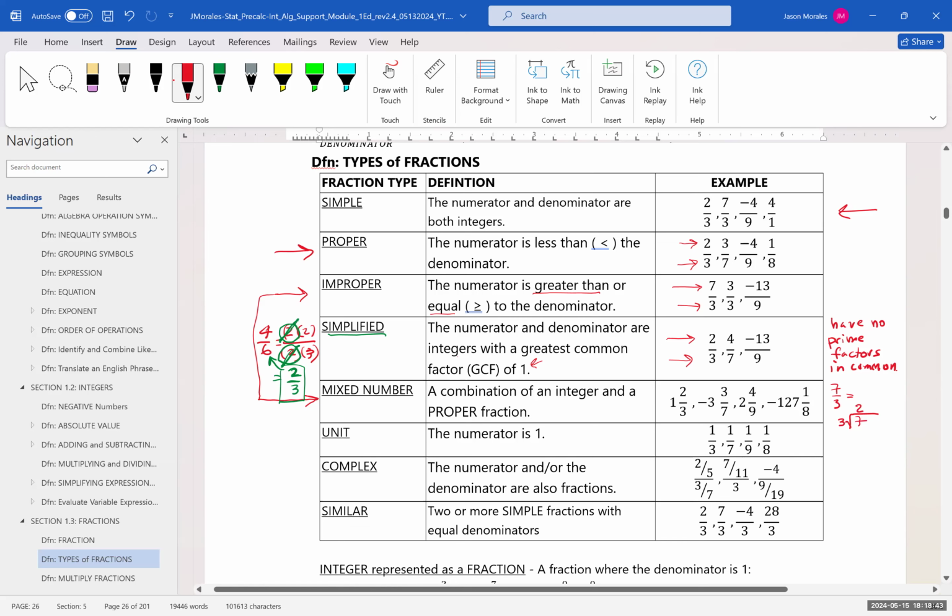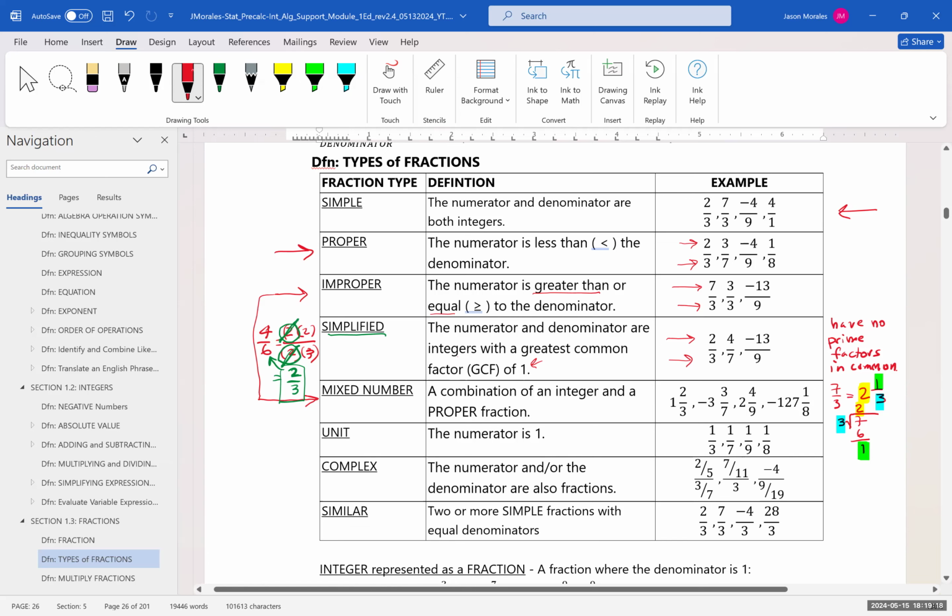It goes twice, and you have a remainder of 1. So 7/3 is going to be equal to 2 and 1/3. Here, the 2 is this 2. The remainder of 1 is here. And the divisor of 3 is there. So that's how you convert an improper fraction into a mixed number fraction.